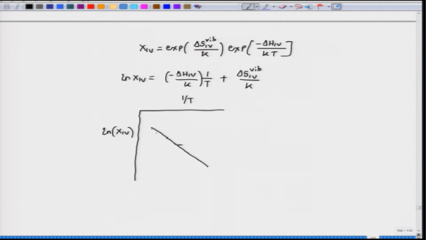The slope of it will yield the value of delta H1v. So, the slope would be equal to minus delta H1v by k, and the intercept will give the value of delta S1v vibrational.